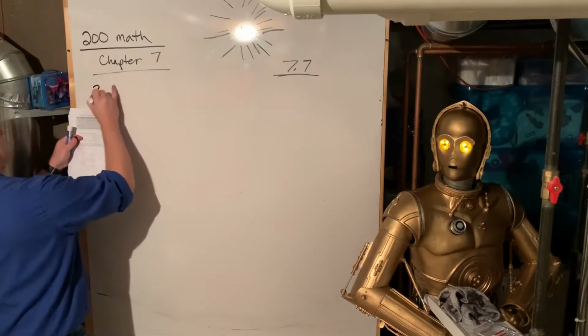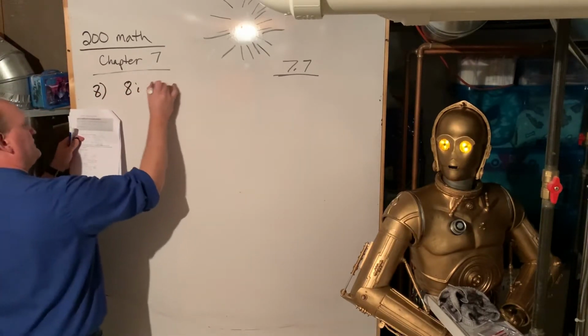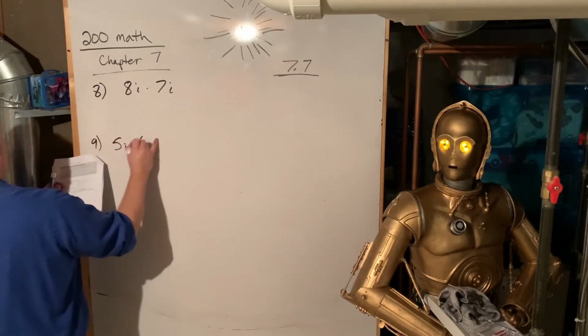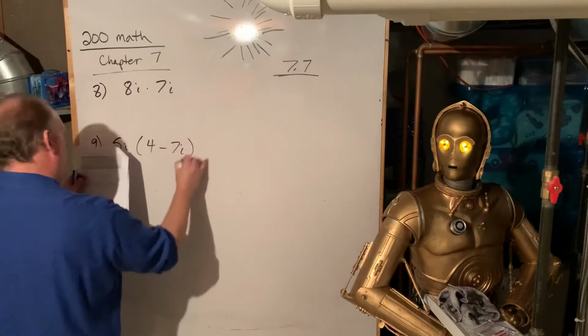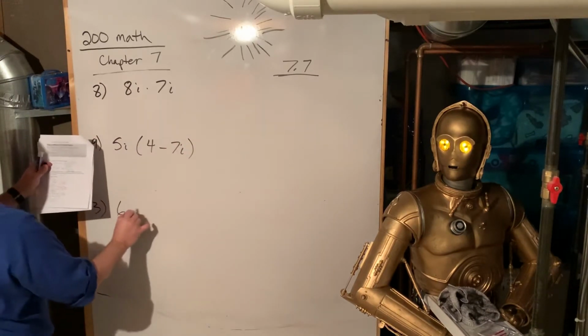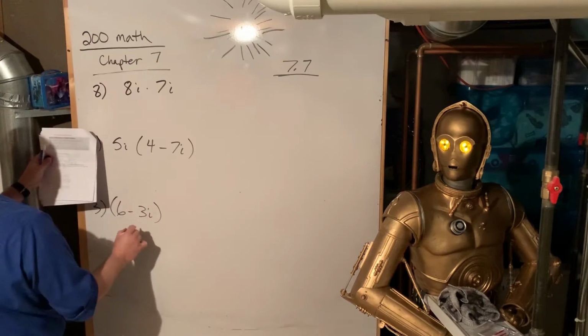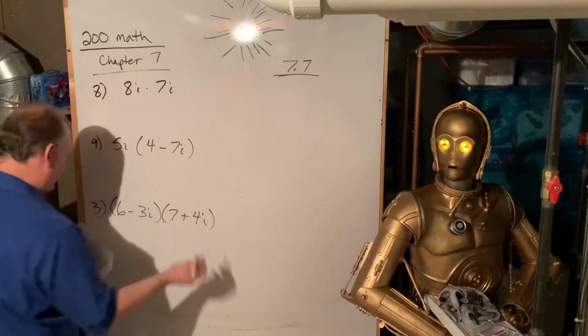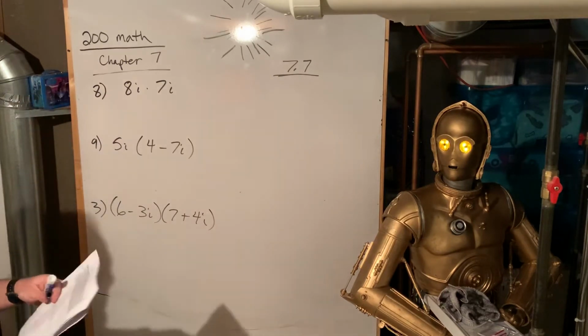These are a little easier. So 8i times 7i, and 5i times quantity 4 minus 7i, and 6 minus 3i times 7 plus 4i. Oh, and adding, sorry.